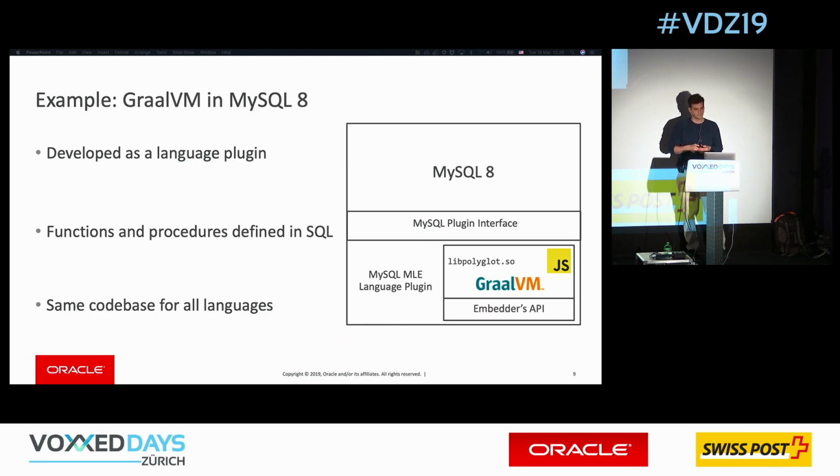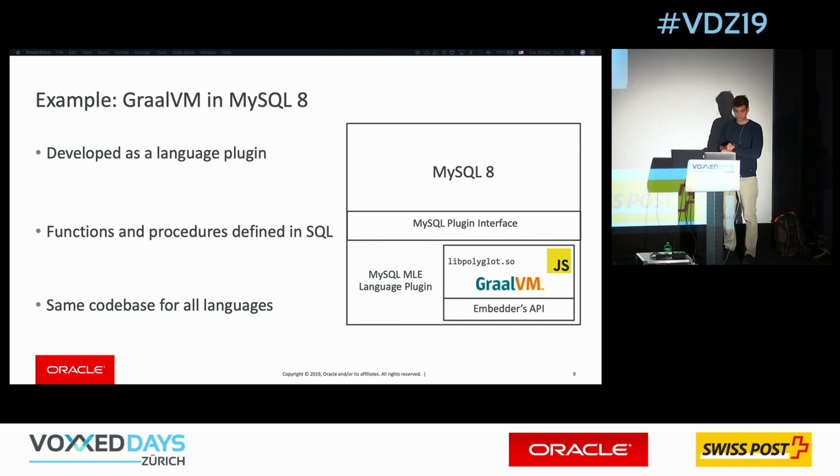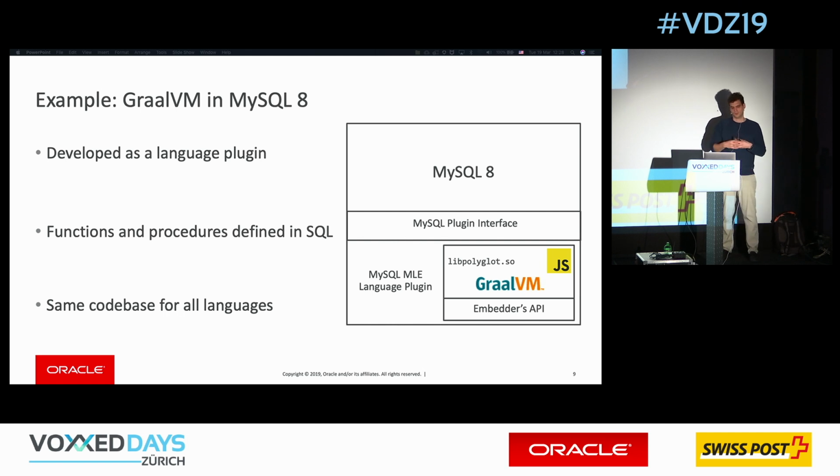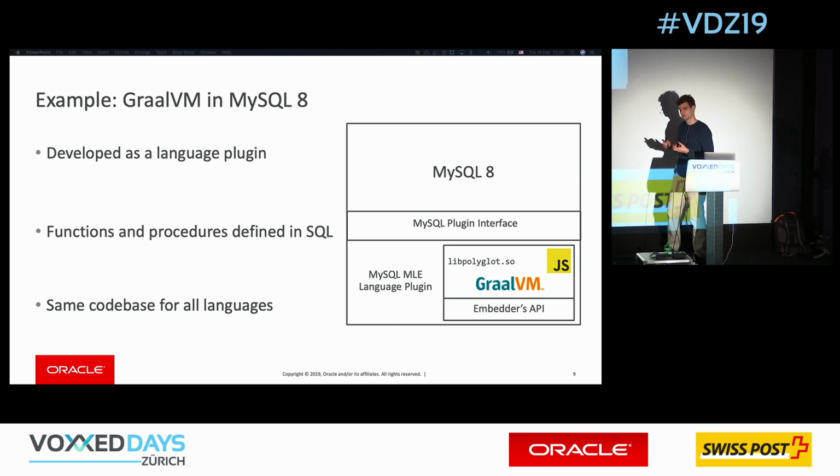As an example, I'll show what we've done in MySQL 8. This was a project we did with the team there, and we developed a language plugin which wraps around libpolyglot and gives it SQL-like features. Functions and procedures can all of a sudden become JavaScript functions or Python functions, and we just eval them as we've seen in the example before.